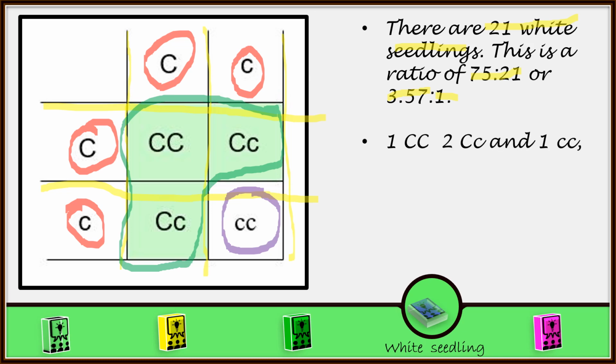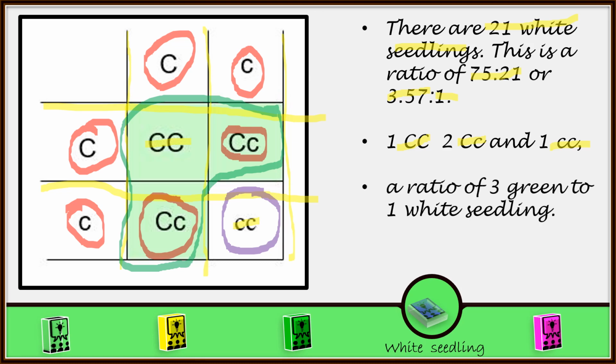There is one capital C, capital C, which is this one. There are 2 capital C, small c. We have 2 capital C, small c, and then this one, capital C, small c. And there is only 1 small c, this one, only 1.